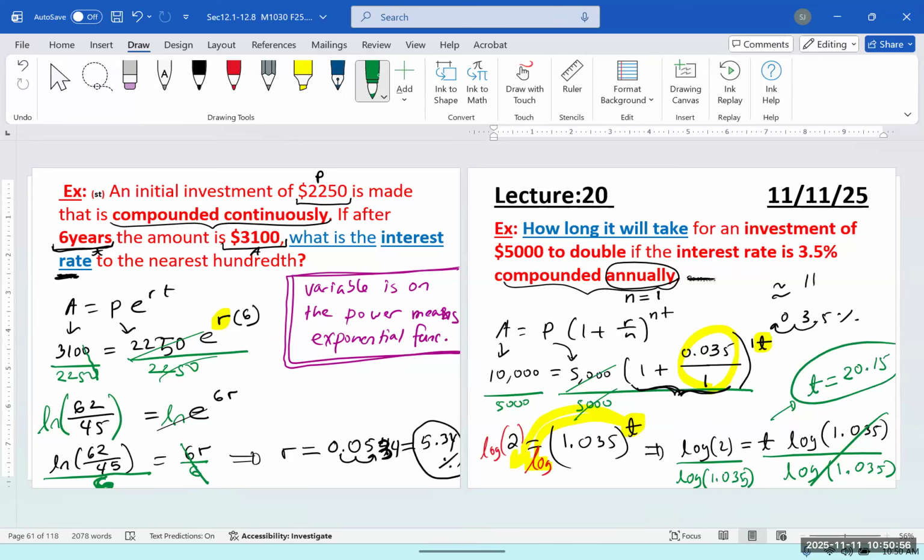Wow. So not 11 years. You have to wait 20 years. What are you doing, guys? Turn it off. You have to wait at least 20 years to make $5,000 into $10,000. And that's because the interest rate is too low.